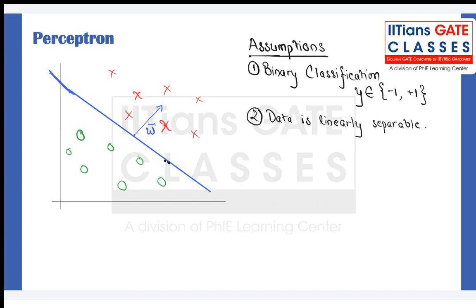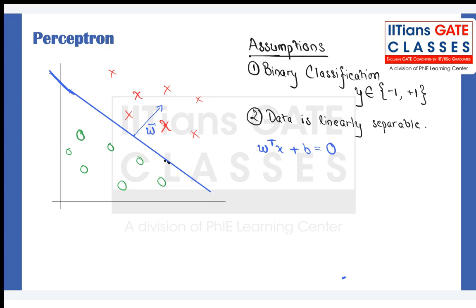And if W is perpendicular to this line, then I can claim that W transpose X, which is the dot product of W with X, the set of features, the set of your data, plus a y-intercept, which is B, should be equal to 0.